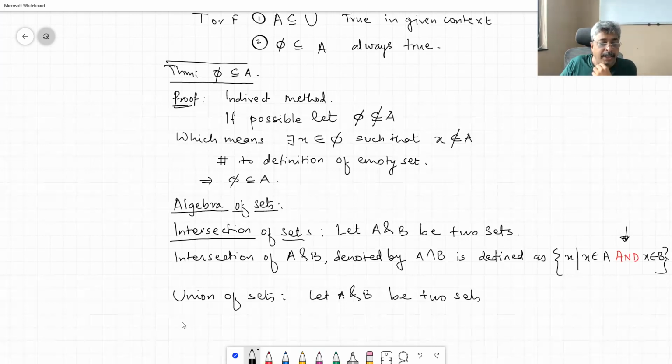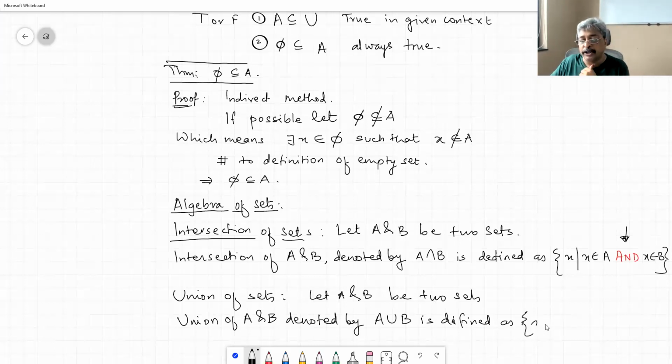Union of A and B, denoted by A union B, is defined as, easy, all those X such that X belongs to A or X belongs to B. Now see, in combinatorics, you have addition principle.